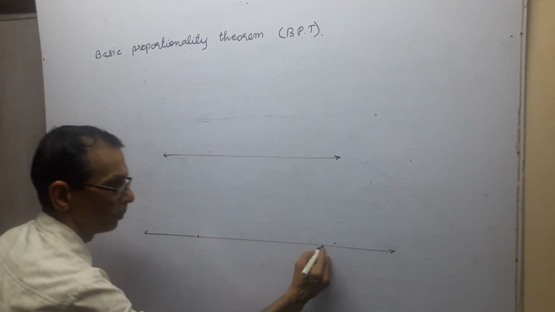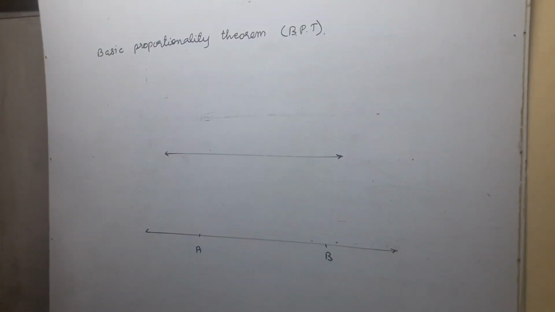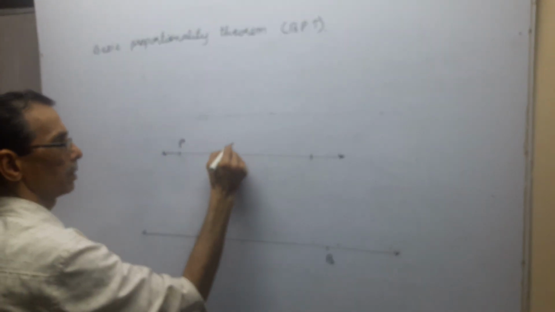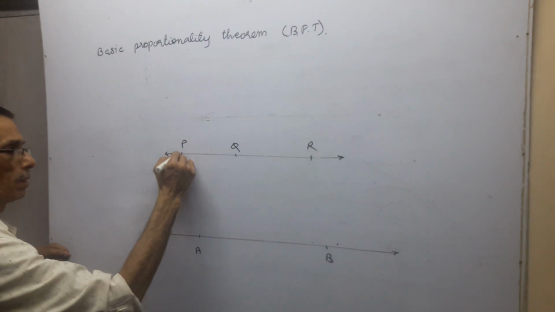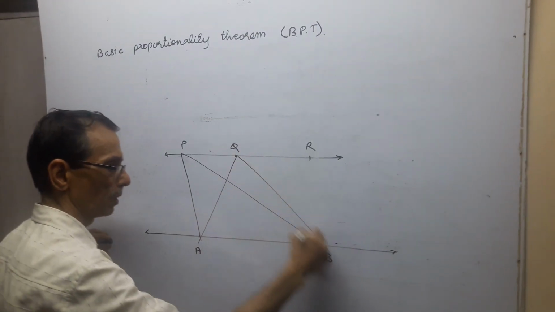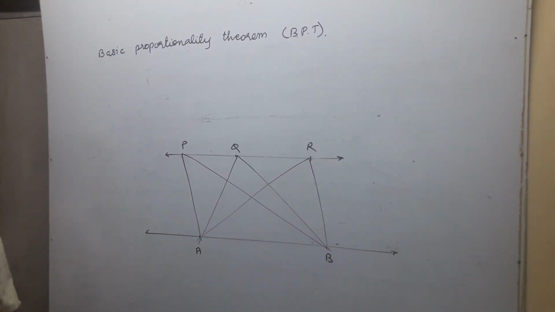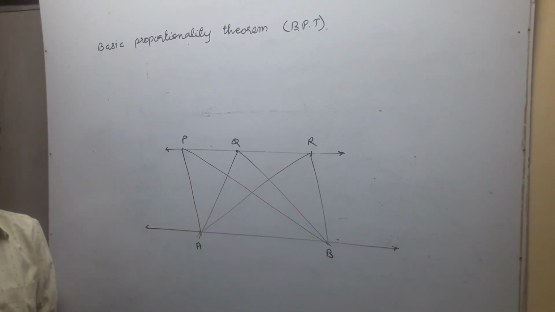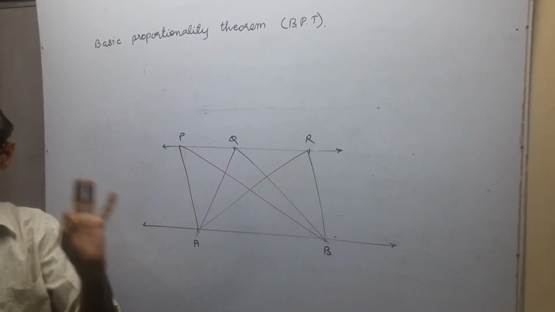I take here base AB and here I take different points, suppose P, Q and R, and I join P with A and B, Q with A and B, and R also with A and B. What can I say about the areas of these three triangles? We find that the areas of all three triangles are equal.